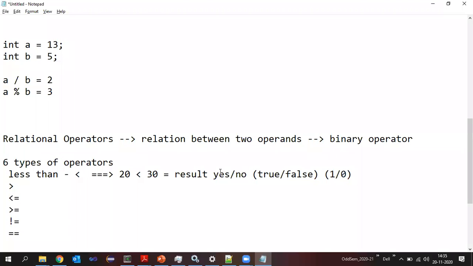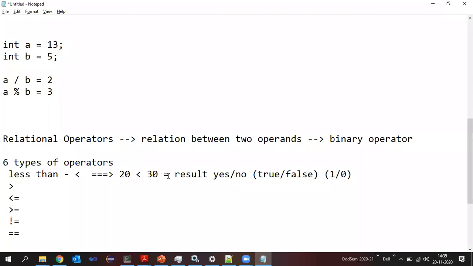Yes can be represented as true, or as a 1. In the same way, no can be represented as false, or as a 0. These are the different synonyms we use for representing the outcomes or results.